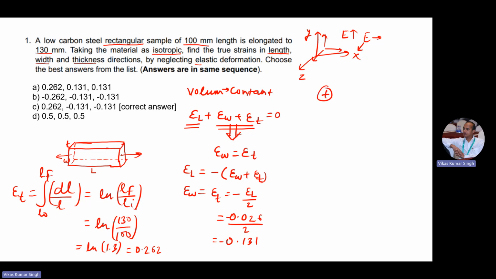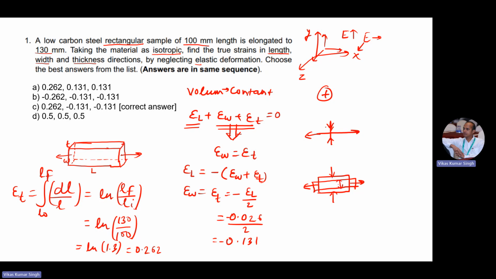Plus means in one direction it is elongating, so in another direction it will be shrinking. This thickness will be going like this. Suppose I am just giving one example here. Suppose I am pulling this like this, so this will become something like this. You can notice this thickness is now this much only.